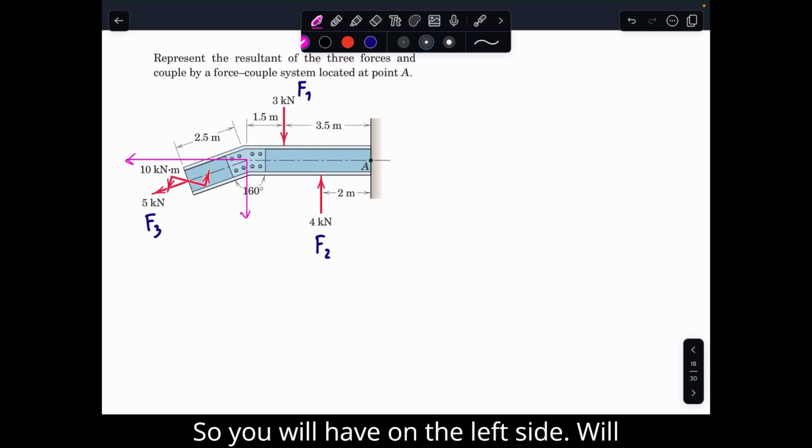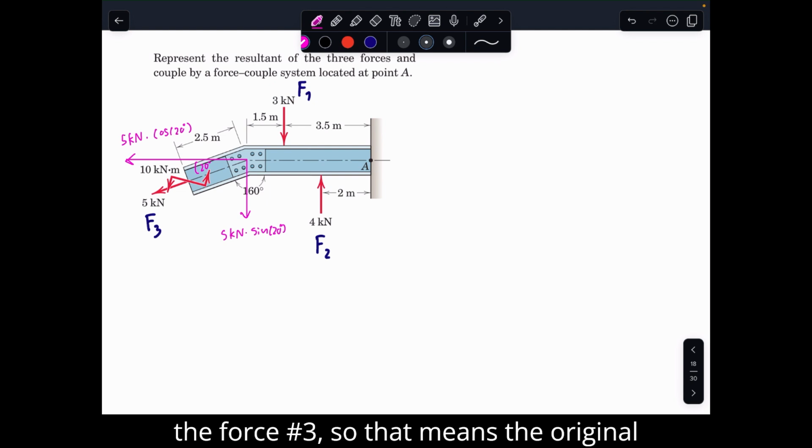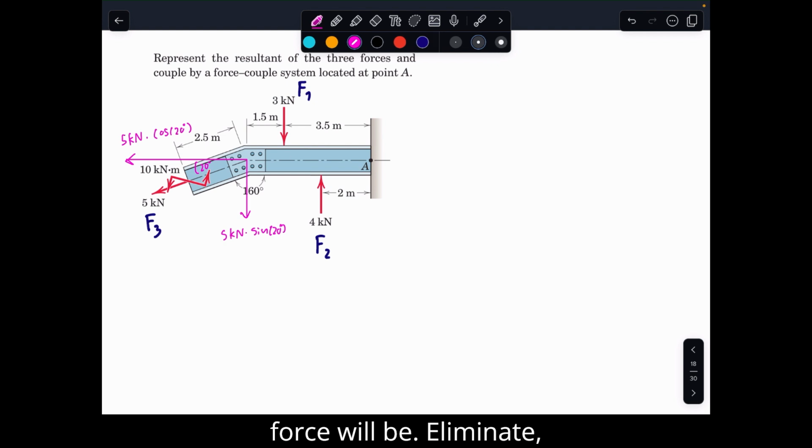On the left side will be 5 kilonewton times cos 20 degrees, and this one will be 5 kilonewton times sine 20 degrees. Now that we have distributed force number 3, the original force will be eliminated.